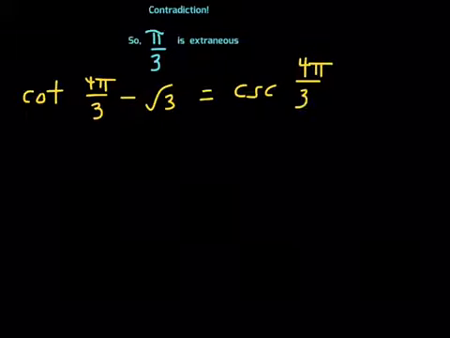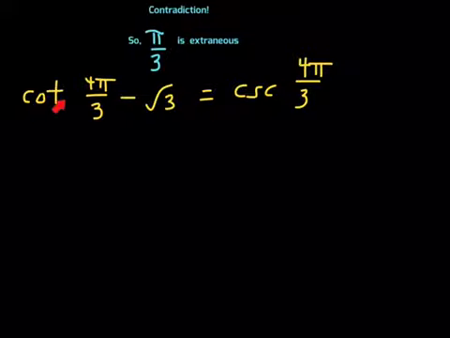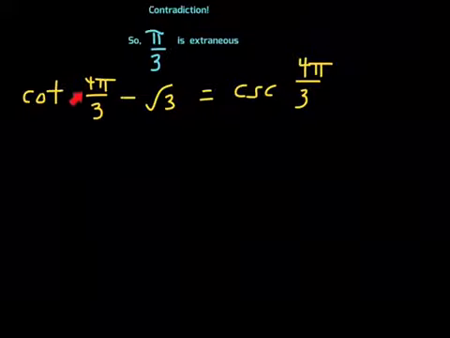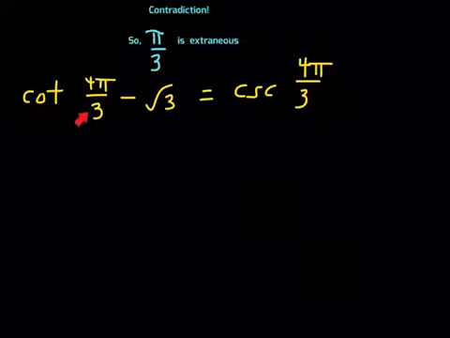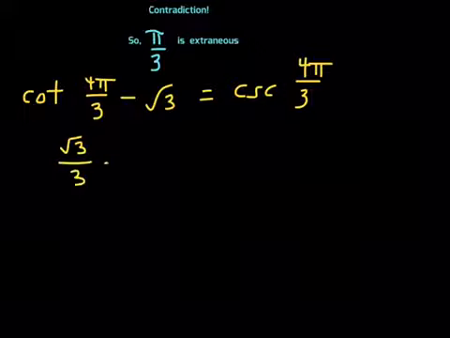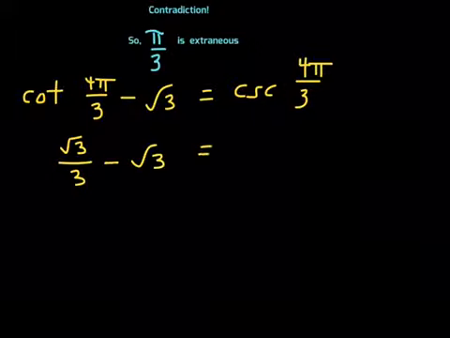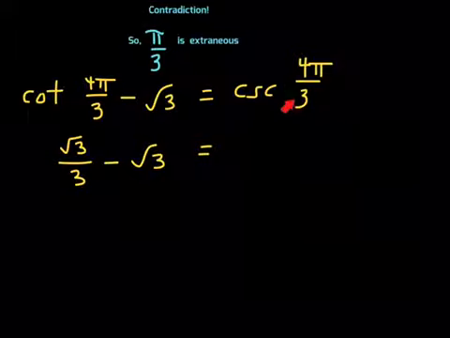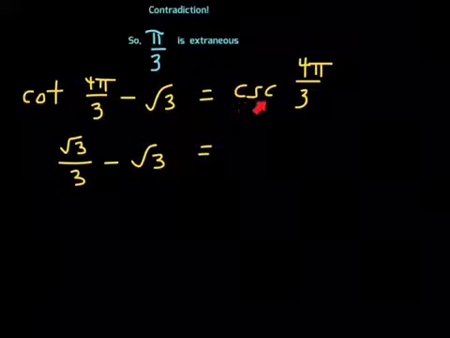Okay, cotangent of 4 pi over 3, 4 pi over 3 is in quadrant 3, and you're positive there. Your reference angle is pi over 3, so I know this will be root 3 over 3, positive, minus root 3. We just did that arithmetic a little while ago. 4 pi over 3 is in quadrant 3, and cosecant is the reciprocal of sine, so you're going to be negative there.